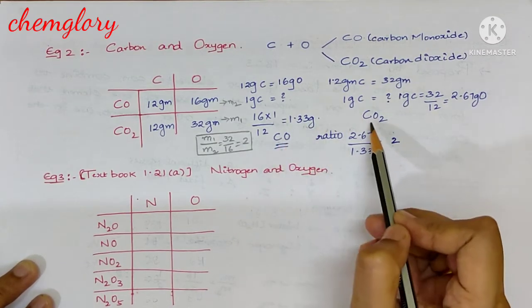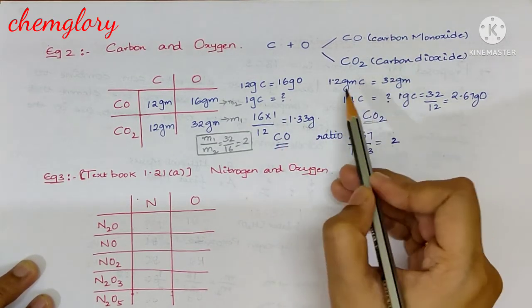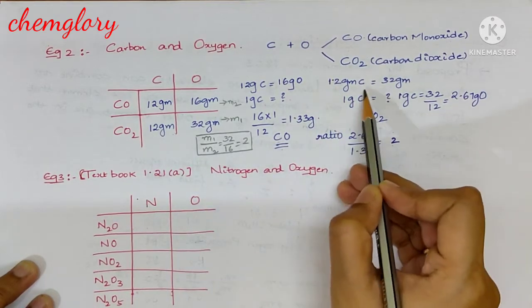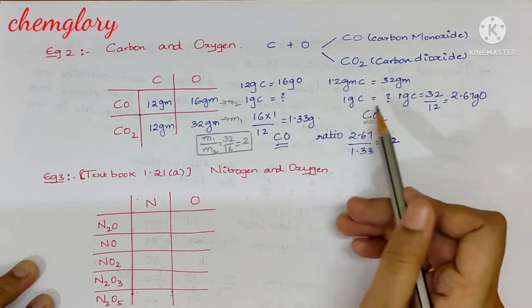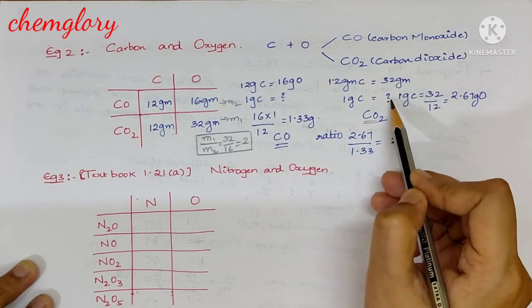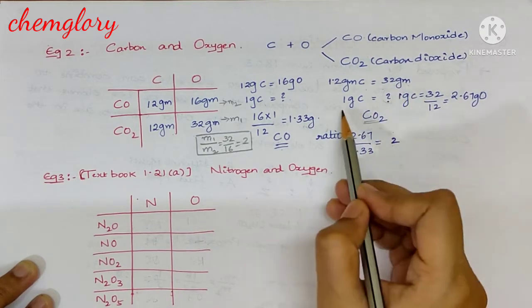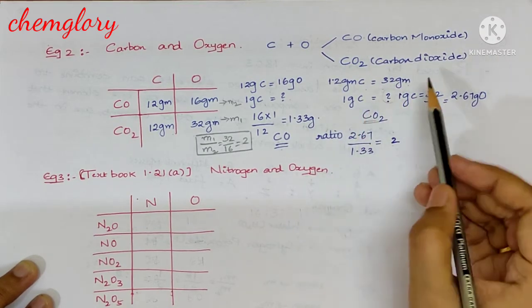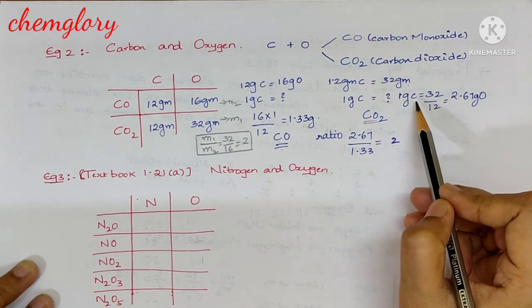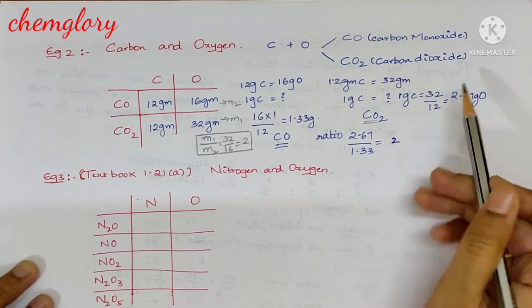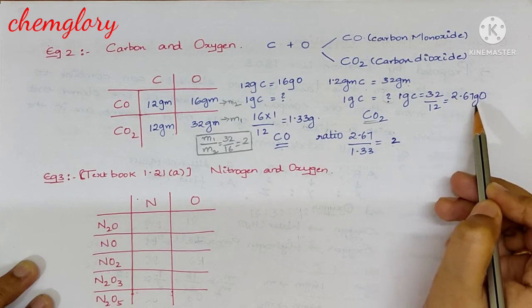In the next case, that is CO2, 12 grams of carbon is equal to 32 grams. So what is the mass of oxygen in 1 gram of carbon? We have to crisscross it. 1 gram of carbon is equal to 32 by 12, that is equal to 2.67 grams.